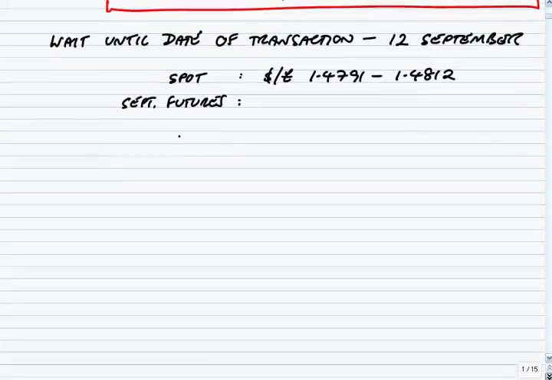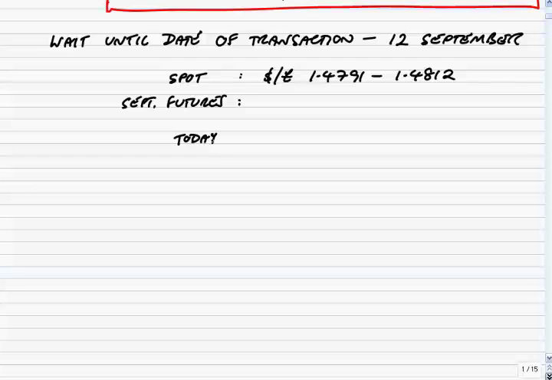First of all, what's the position today? Today's the 20th of June. The September futures price on the 20th of June is 1.4840.